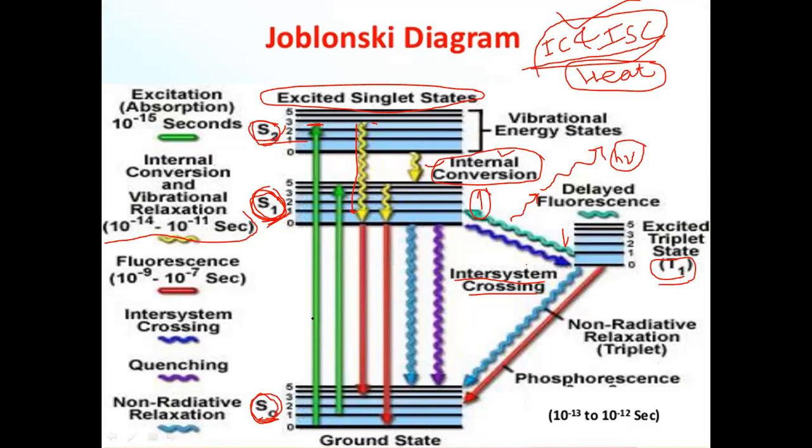You can understand by this green arrow: the green arrow is for the absorption of light. It absorbs and undergoes excitation from S0 to S1 and S2. But after some time, it loses its energy in the form of light. The absorbed energy is released in the form of light and it comes to the ground state.